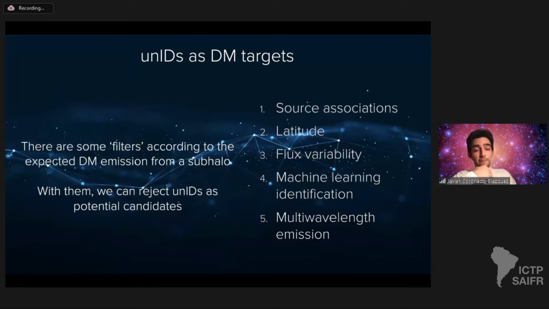To do so, we define some filters according to the expected dark matter emission from a subhalo, meaning that if something does not pass one of these filters, it cannot be a dark matter subhalo. It would be something else, we don't mind, but not a dark matter subhalo. I will not stop on all this, but I can say as an example, this third one is a flux variability filter.